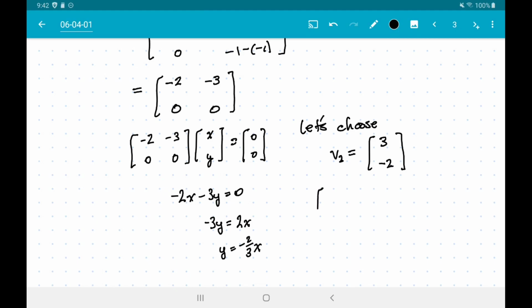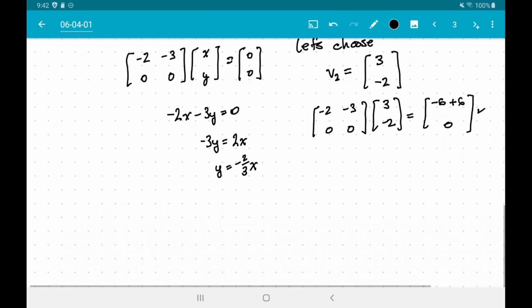And then, just to confirm, because it's been that kind of day, we're going to get -6 from there, plus 6 from there. That's good. And then this row is no problem. And sure enough, yes, we get zeros.